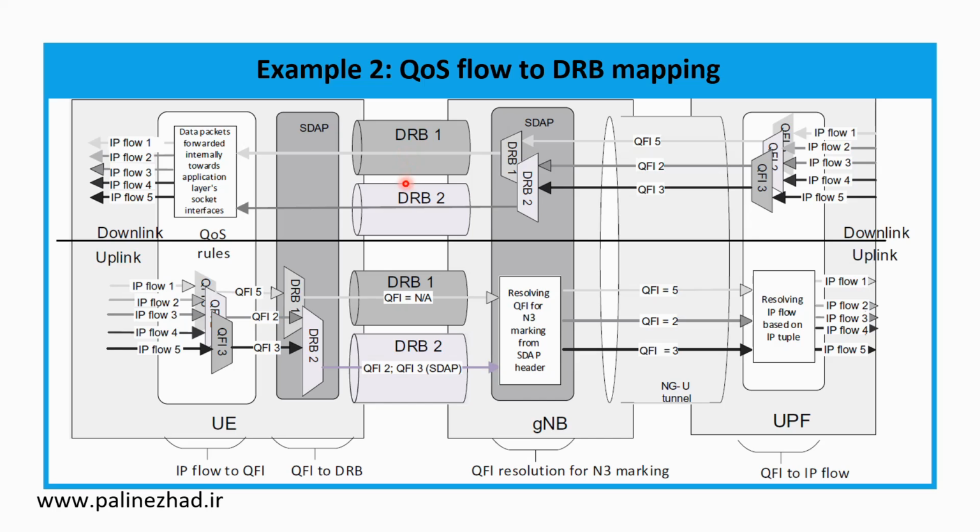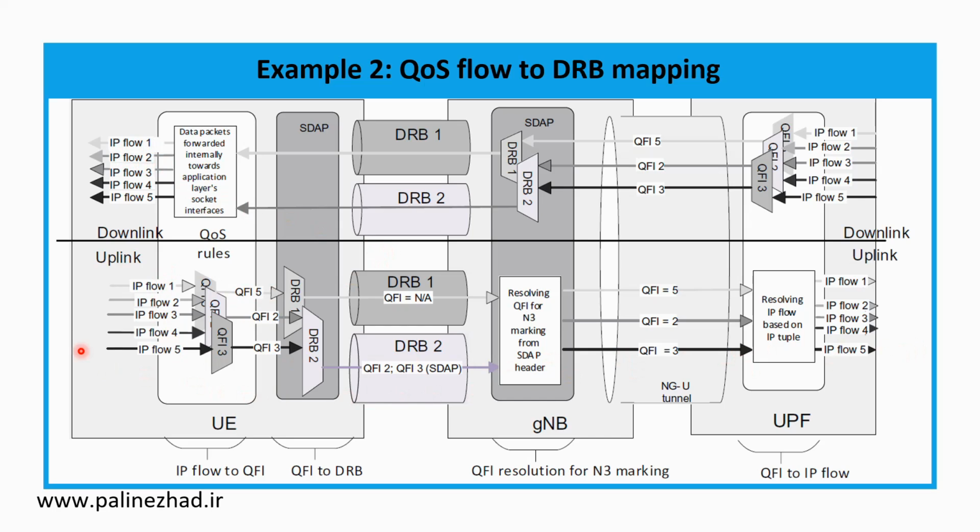Then these data radio bearers are received by the UE, and the UE derives and saves the QFI to DRB mapping rules, so maybe it wants to use them in the uplink direction. And then the packets are forwarded internally to the corresponding application sockets, whether maybe it's for Netflix, for YouTube, or other applications.